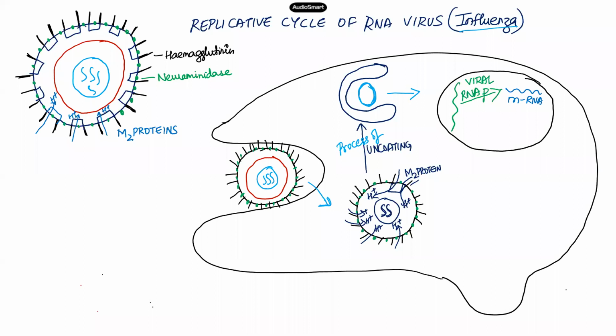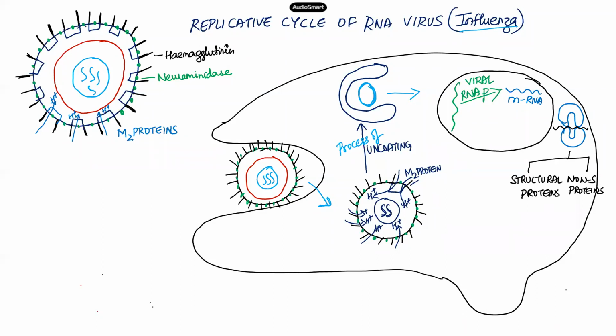Now, when the mRNA is formed, the process of translation proceeds with the help of the host cell's ribosomes. So this is your mRNA that has come, and when it is getting translated by the ribosomes, you get two types of proteins, and those are your structural proteins and your non-structural proteins, non-S proteins, right?